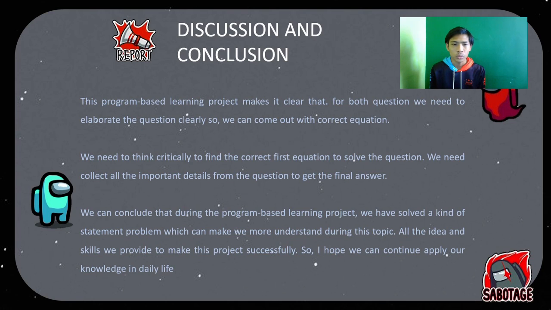So for the conclusion, we can conclude that during the problem-based learning project, we have solved word problems which make us understand this topic more. All the ideas and skills we provided made this project successful. So I hope we can continue to apply our knowledge in daily life. Thank you.